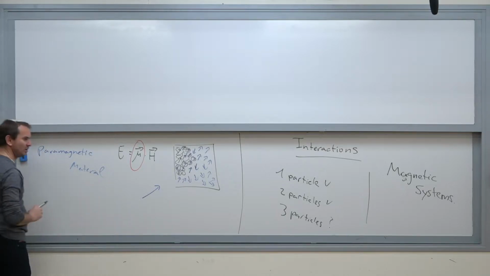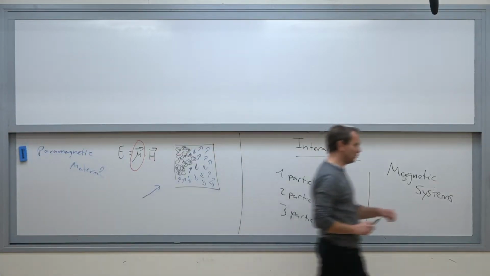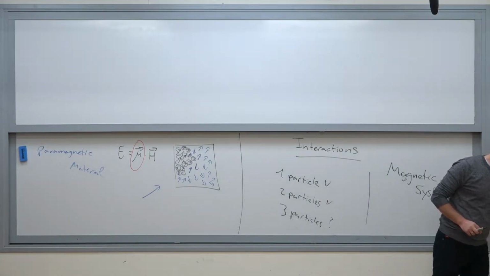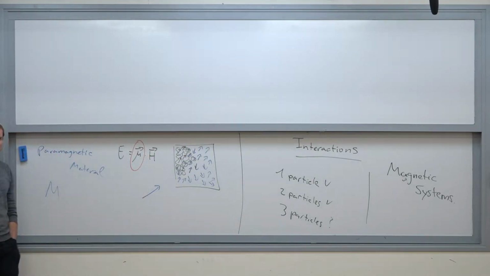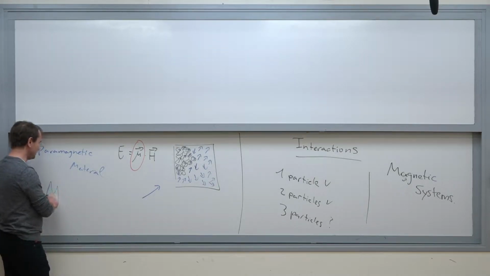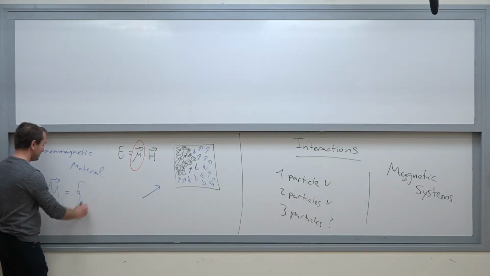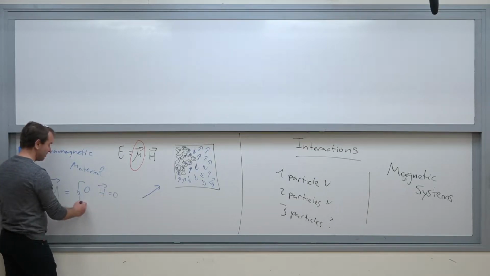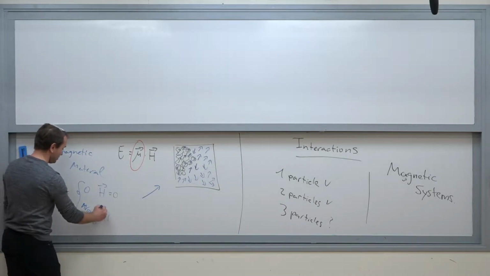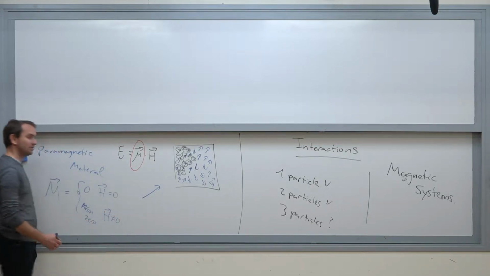When the magnetization, let's call it M, the magnetization of all the spins together, would be 0 if H external equals 0, and something non-zero if the external field is also non-zero.